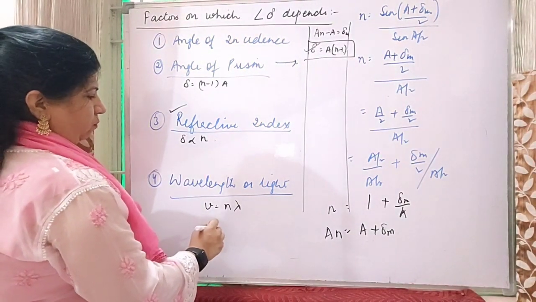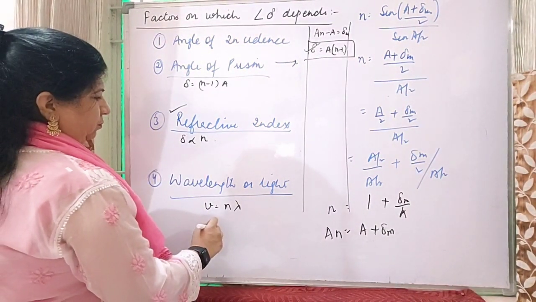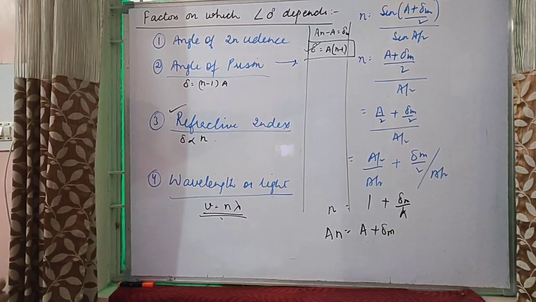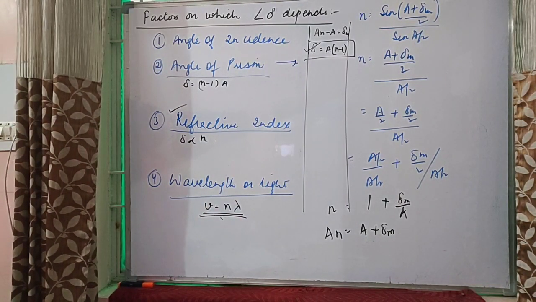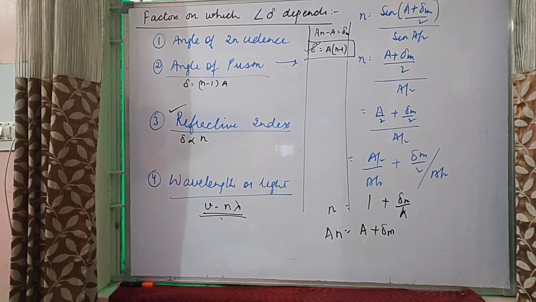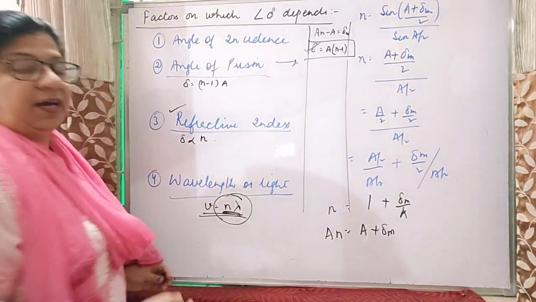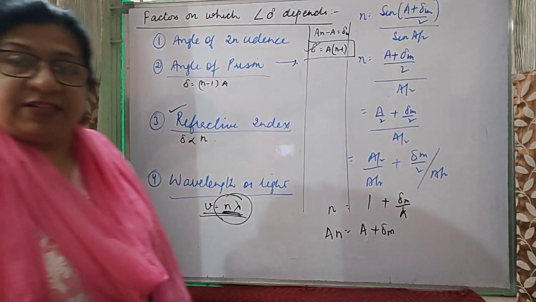So when we are talking about light, you can say that when λ increases, n decreases, and also the angle of deviation decreases. What we see here is that v and n have an inverse relationship.